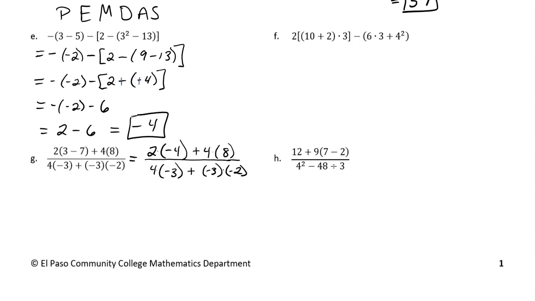Then we can go the other way. We don't see any exponents, so I don't have to worry about that, but I do again have all those multiplications. So let's go ahead and apply those multiplications.